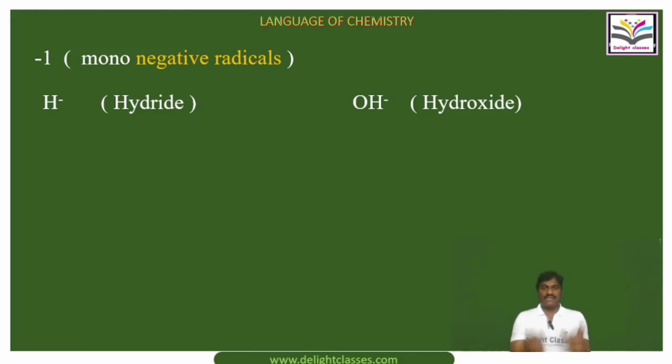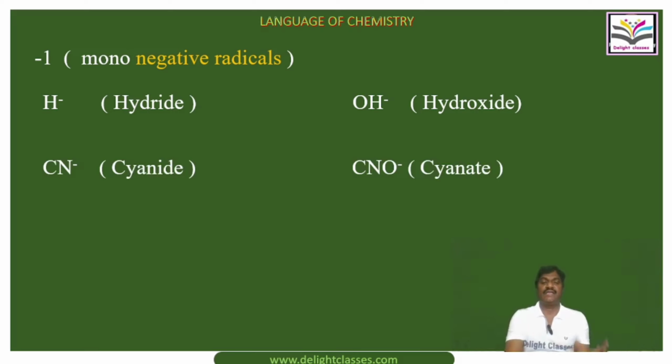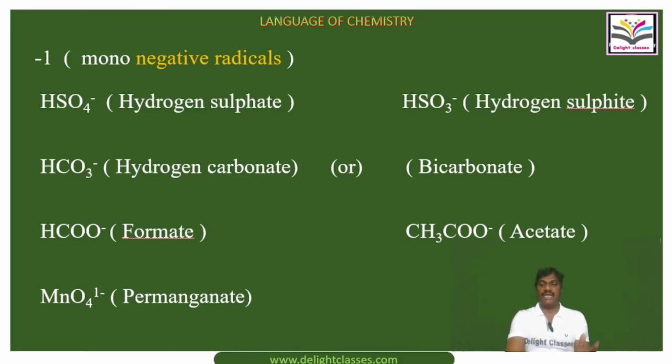H minus is hydride. OH minus is hydroxide. CN minus, cyanide. CNO minus, cyanate. SCN minus, thiocyanate. Then some more: HSO4 minus, hydrogen sulfate. HSO3 minus, hydrogen sulfite. When the oxygen atom is less, ate becomes ite.